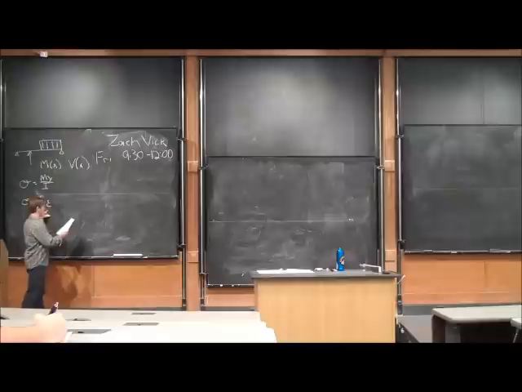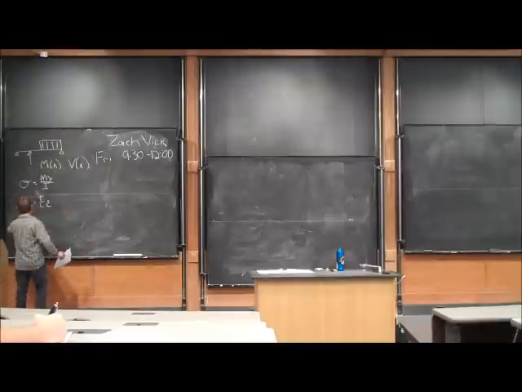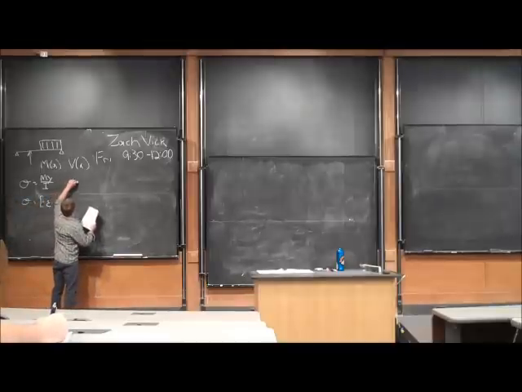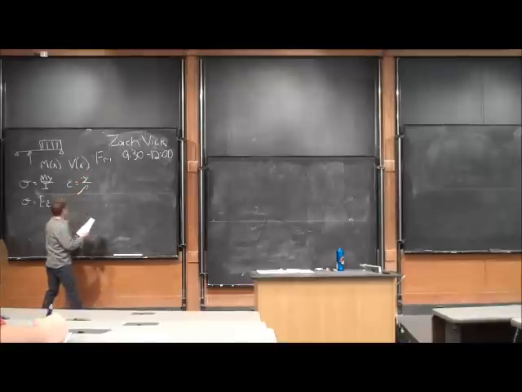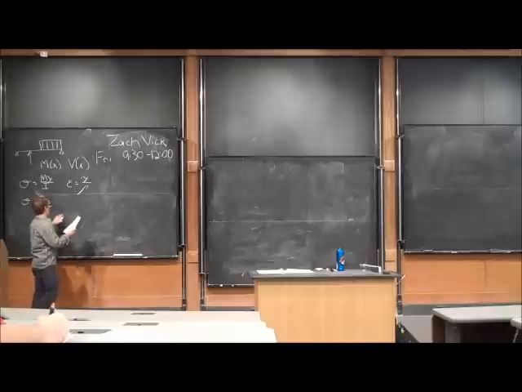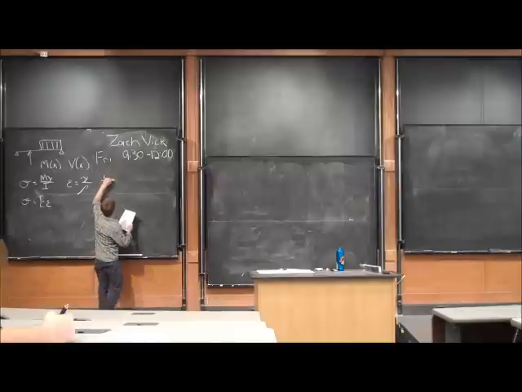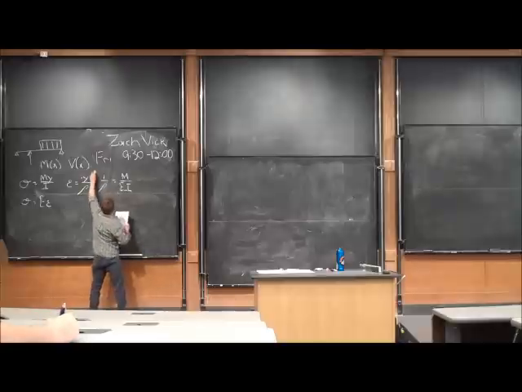But we noticed that for any bending moment, the strain seen in a beam is proportional to the radius of curvature. So we need to remember that the strain was seen to be negative y over rho. Well, that was the radius of curvature, and we were able to prove that 1 over rho was equal to M over EI. This is a big equation for what we're going to be looking at today.